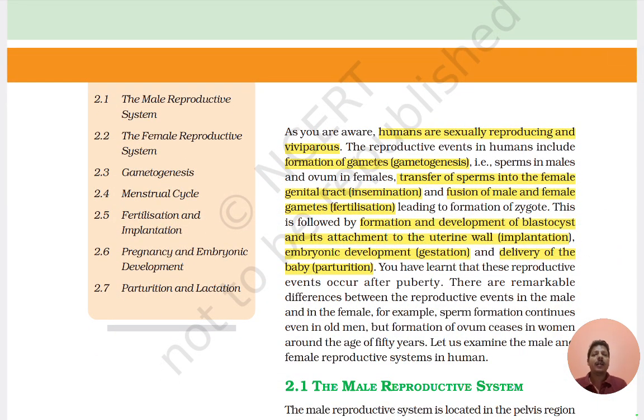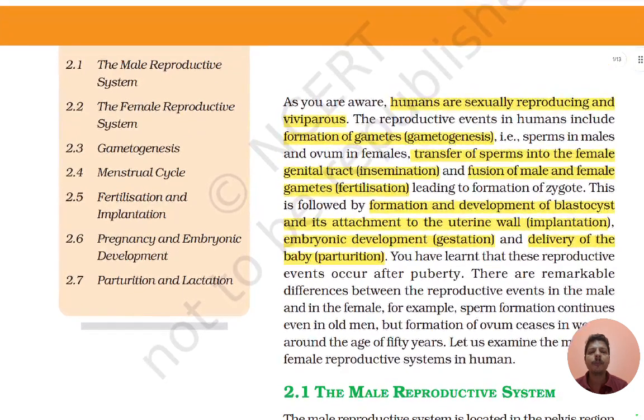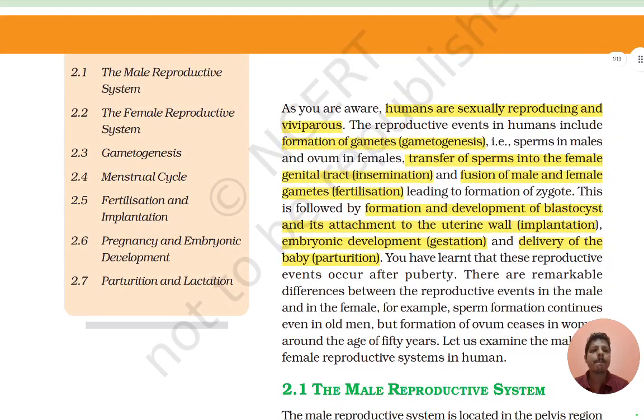As you all are aware, humans are sexually reproducing and viviparous, and the reproductive events in humans include gametogenesis, that is formation of gametes: sperm in male and ovum in female. Transfer of sperm into the female genital tract is called insemination. Remember the term, it is asked.